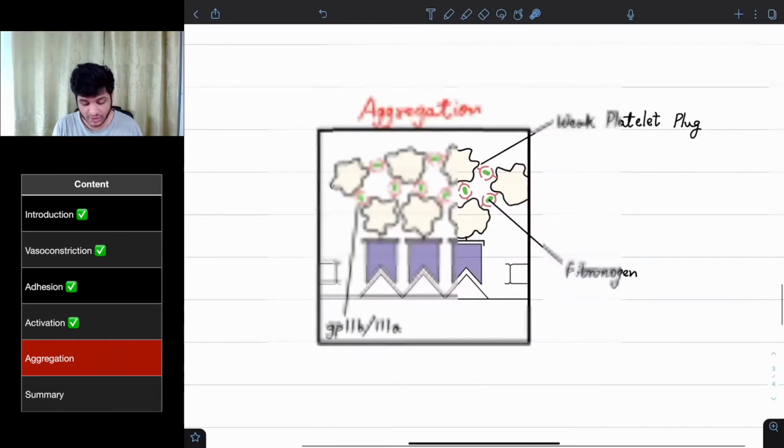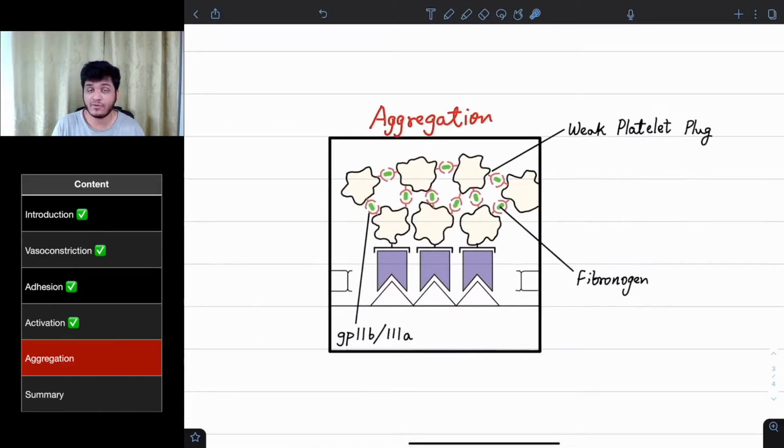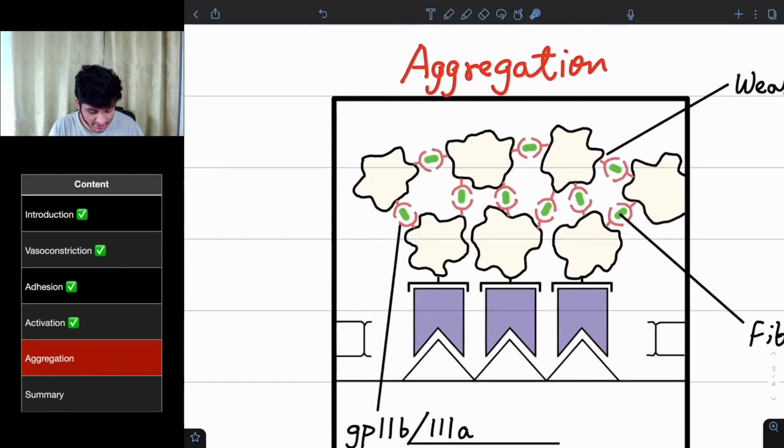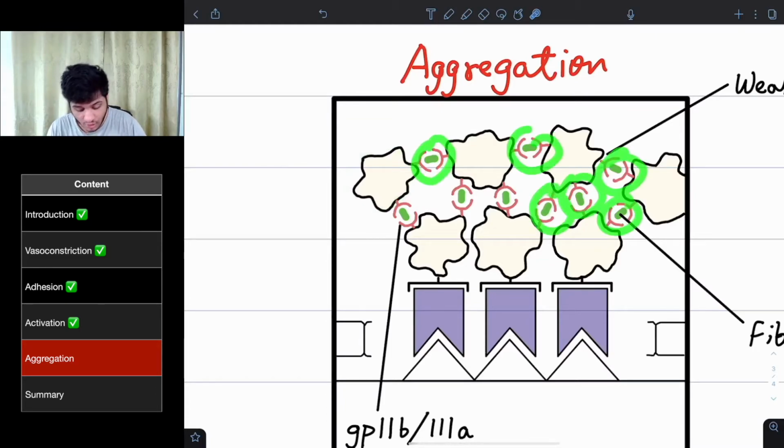Now, we know that in blood, there are many types of plasma proteins, right? And one of them is fibrinogen. The function of fibrinogen is to bind to the GP2B3A receptor. And this allows, like a bridge, binding to the GP2B3A of another platelet. And this allows aggregation, right? It forms a plug or a bridge.